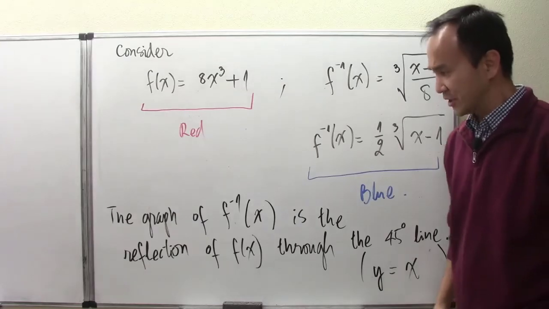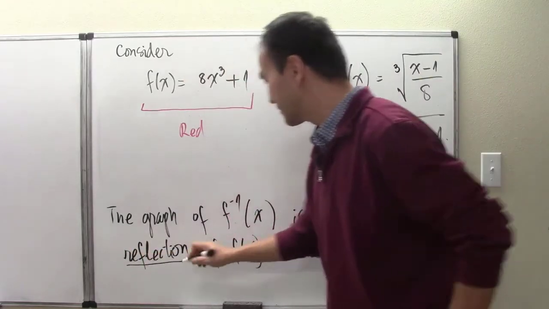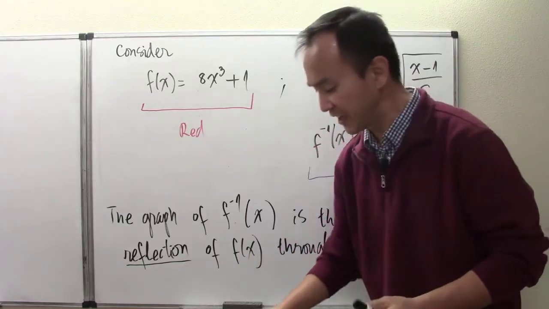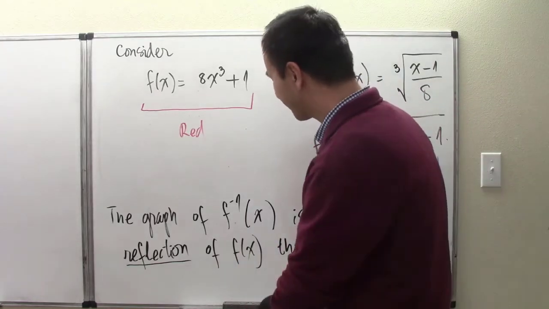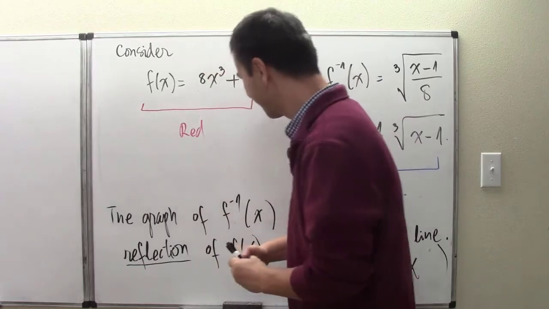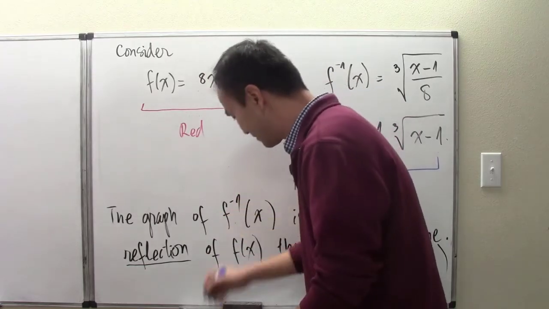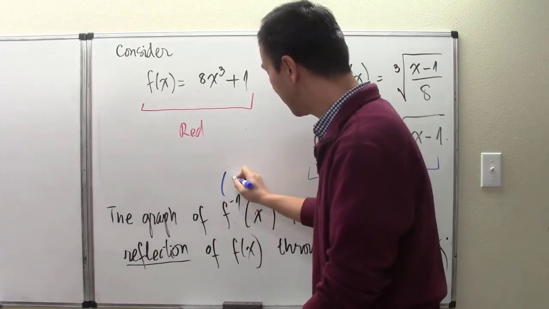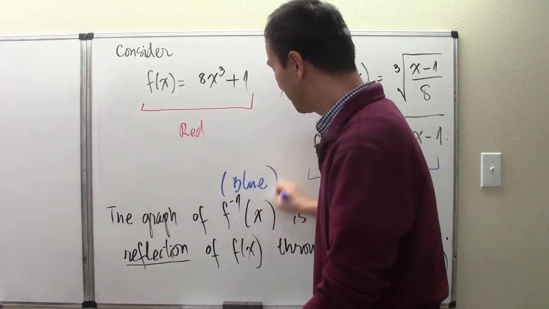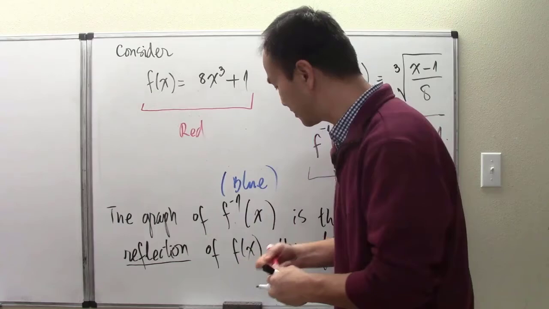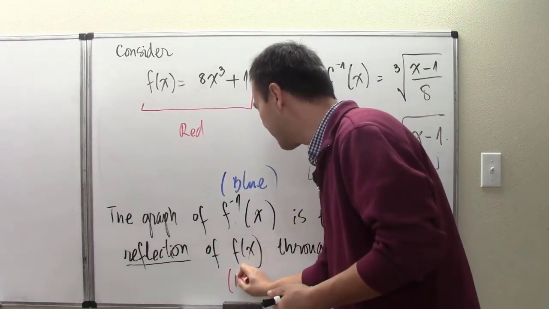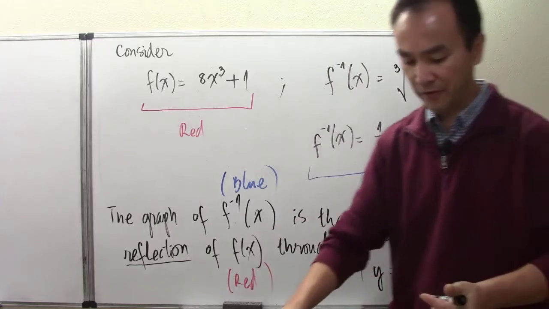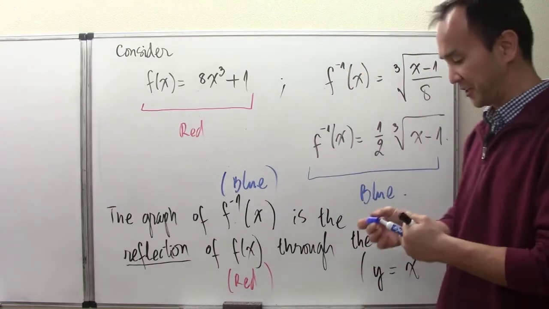And as extra clarification here, the graph of f inverse is in blue, whereas the graph of f of x is in red. So the blue graph and the red graph are reflections of each other through the 45-degree line.